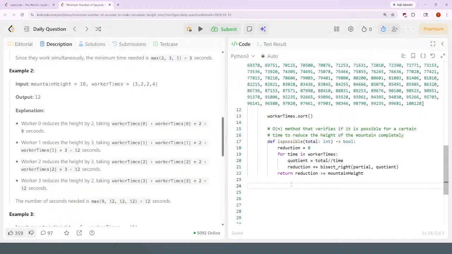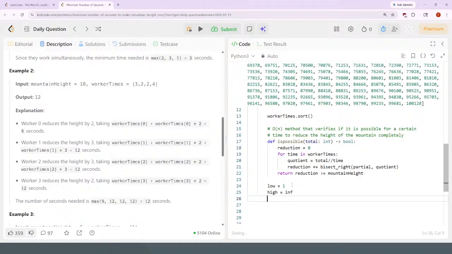Okay, so let's say the binary search would be low is equal to, what is the low time? Low is 1 second maybe. The highest total time is infinity.